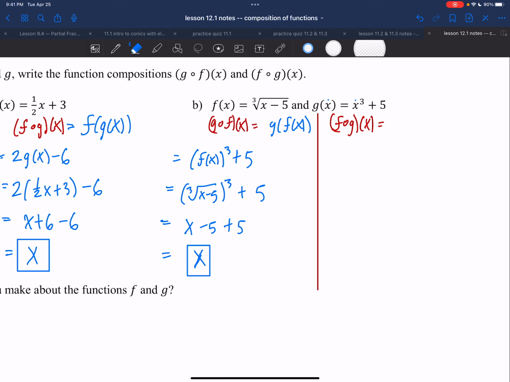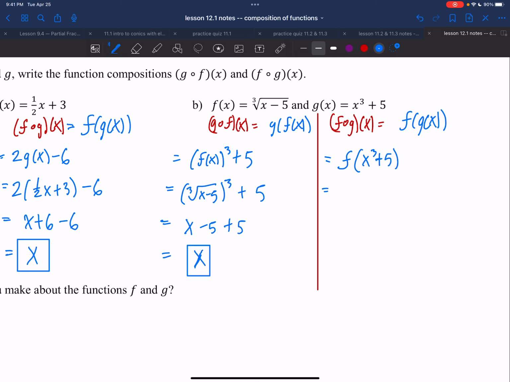And so then I do the other one. I'm just going to keep flipping between notations. So this is f of g of x. So this equals f of, what is g of x? g of x is x cubed plus 5.